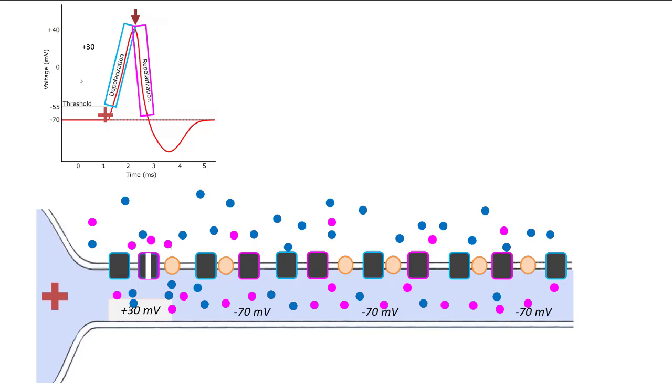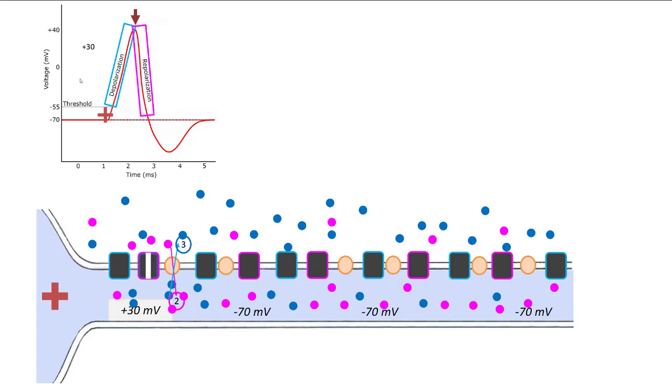It's at this point that the pump brings back potassium, 2 of them, bringing them back into the cell, and it sends out 3 sodium to restore the proper balance. So this region of the action potential graph is known as hyperpolarization because it went past the normal resting membrane potential. So it's this dip that goes down.